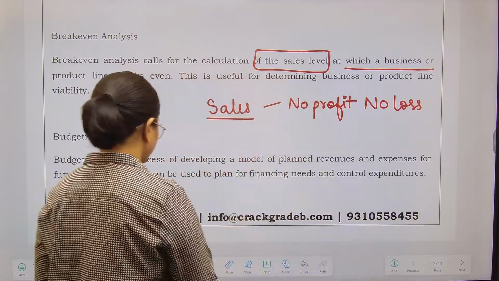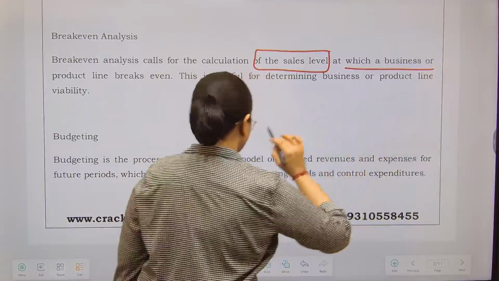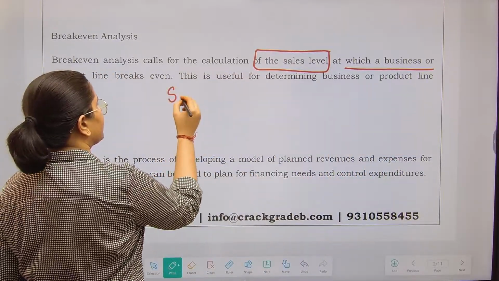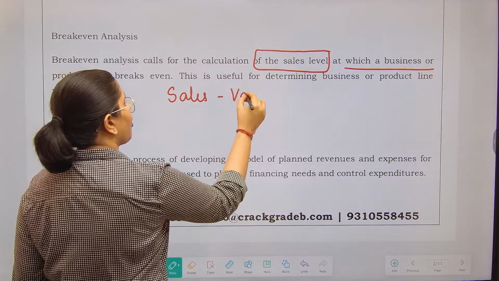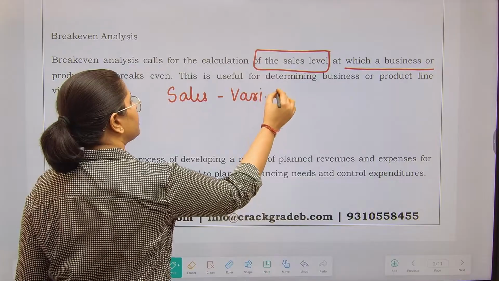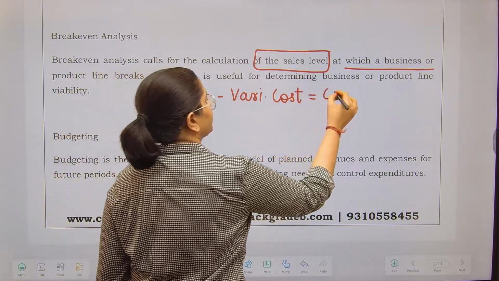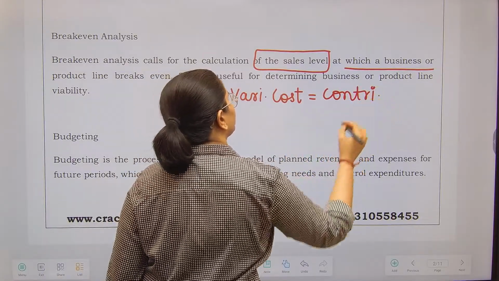Now giving you some extra information over here as well. Just see. So this is how it is calculated. See, sales less variable cost gives you contribution.